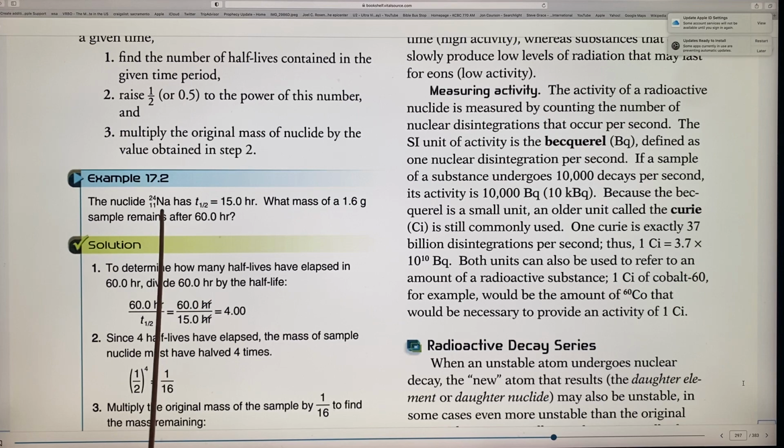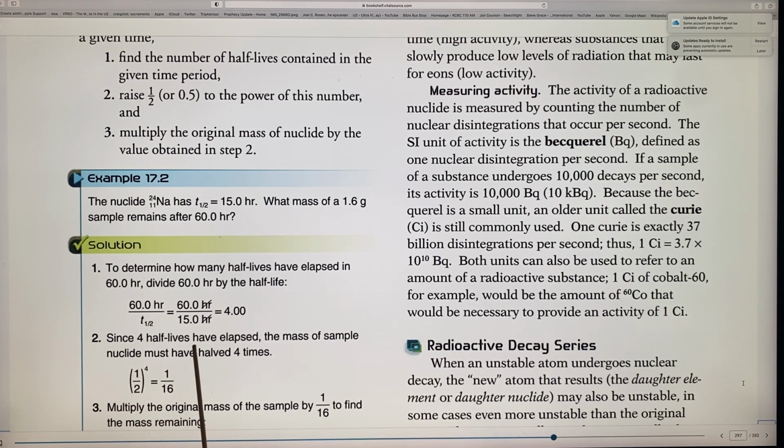Okay, here we have sodium-24, which has a half-life of 15 hours. If the mass is 1.6 grams, how much of the sample remains after 60 hours? First determine how many half-lives have elapsed: 60 hours divided by the half-life of 15 hours gives 4.